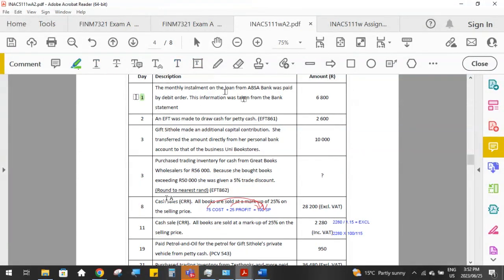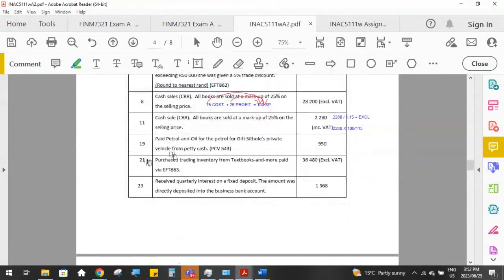The monthly installment on the loan was paid by debit order. On the 2nd, we paid by EFT to draw money for petty cash. Then on the 3rd, we paid Great Books for the books that we purchased from them.